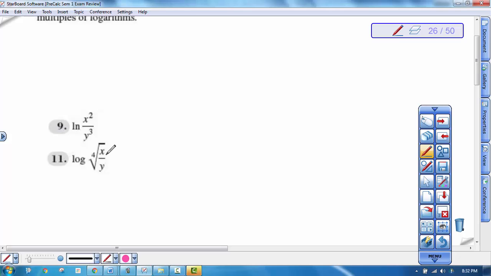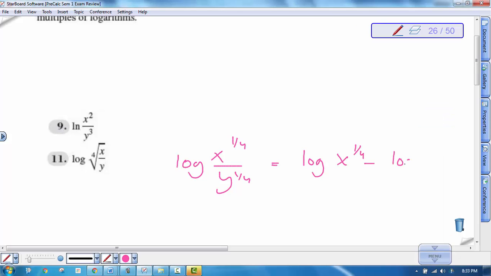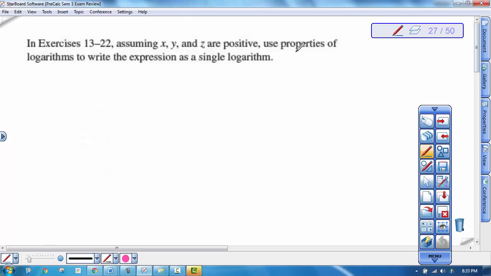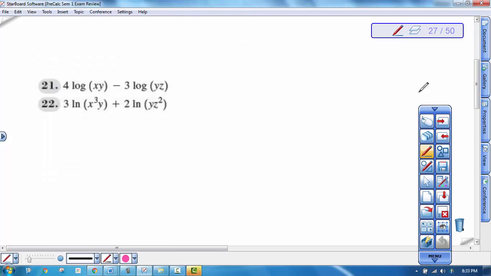Same thing with this one here. I would make this the log of x to the 1/4 over y to the 1/4, and then change it into log of the top minus log of the bottom, and then just bring down these exponents out front, and you're done.